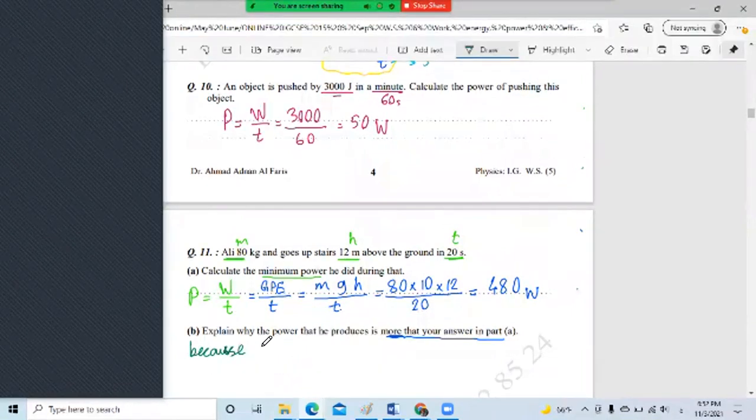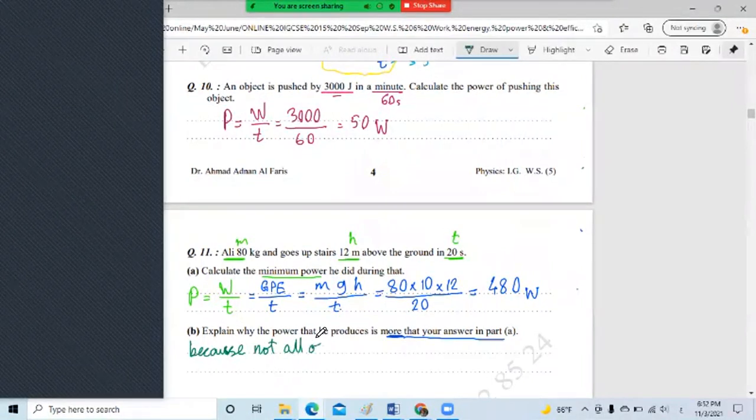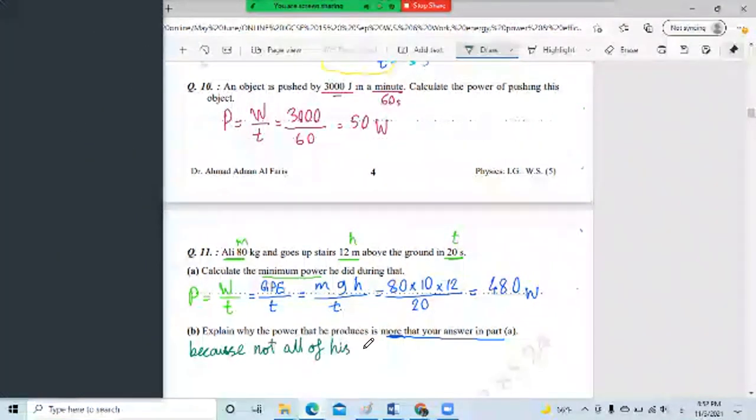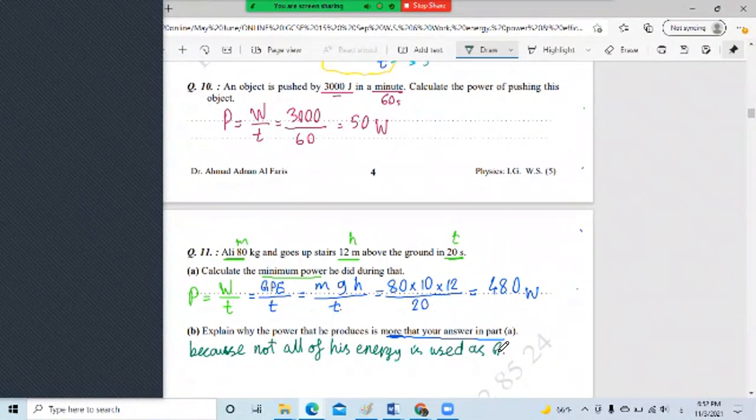Not all of his energy is used as GPE, gravitational potential energy.